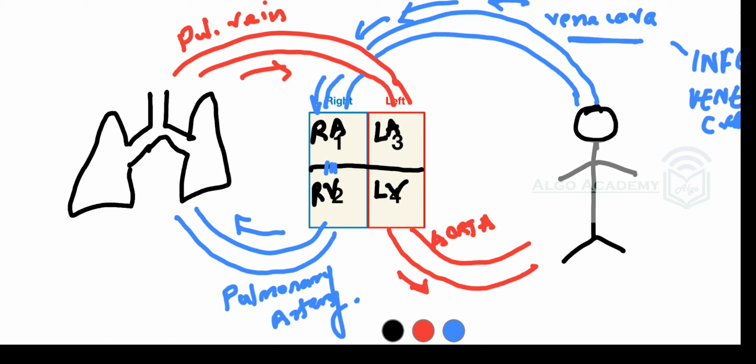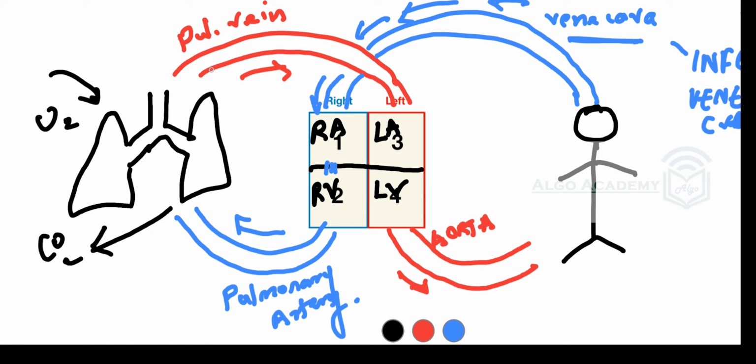As we all know, we inspire oxygen and breathe out carbon dioxide. During inspiration, oxygen is taken in and during expiration, carbon dioxide is released. So the carbon dioxide from the venous blood is taken outside and oxygen is added to the blood. That means the blood has become oxygenated blood.